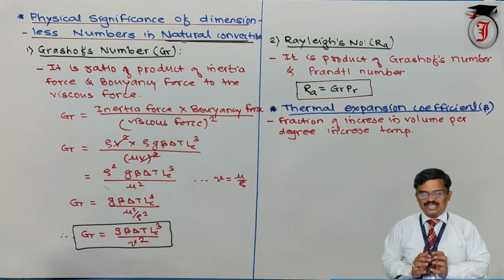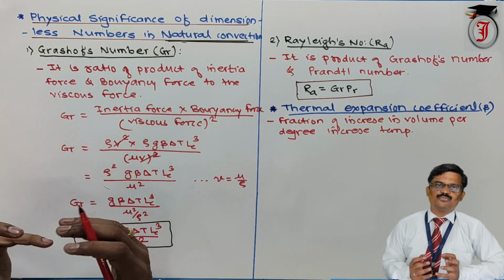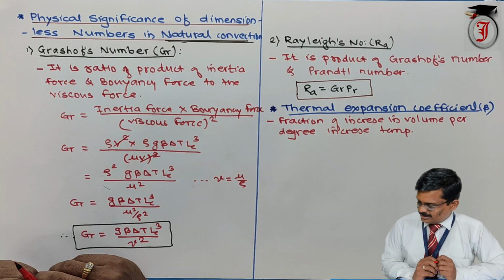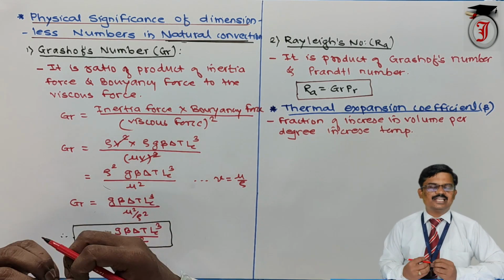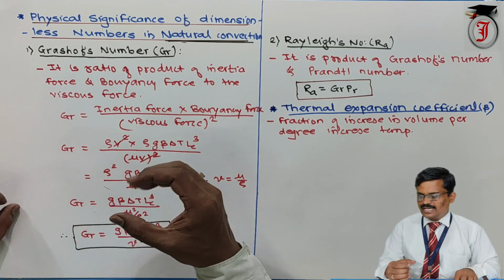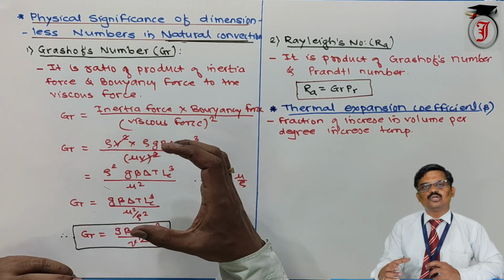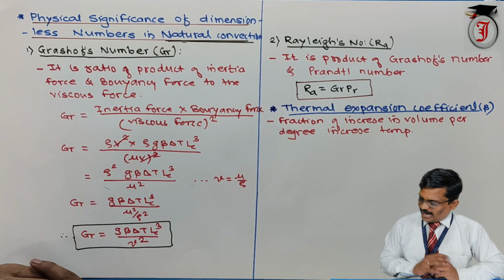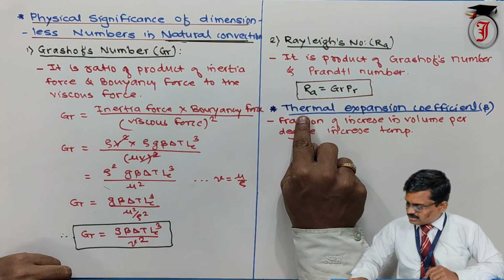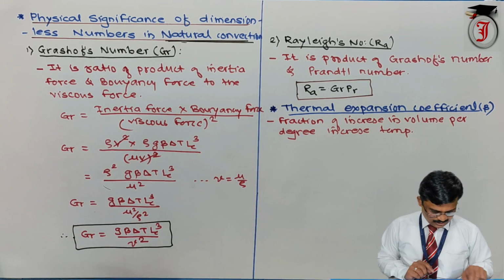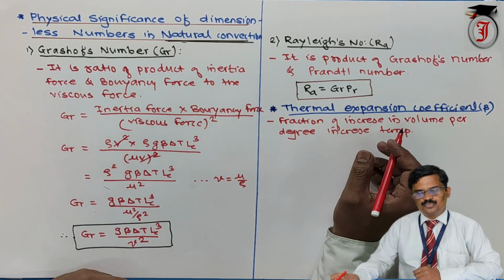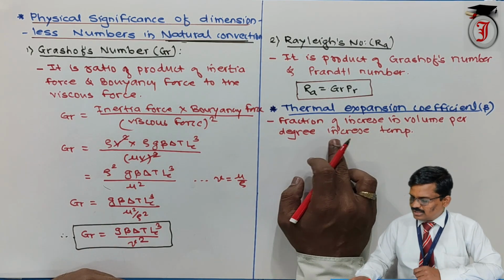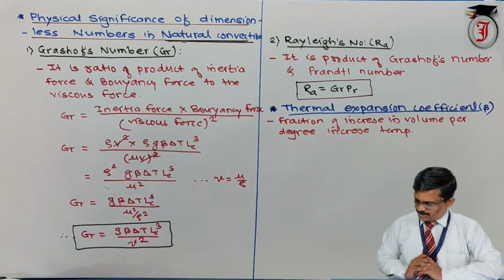As we studied in the mechanism of natural convection, when the temperature of a molecule increases, it expands and its specific volume goes on increasing. This is given by the thermal expansion coefficient, that is nothing but the fraction of increase in volume per degree change in its temperature.